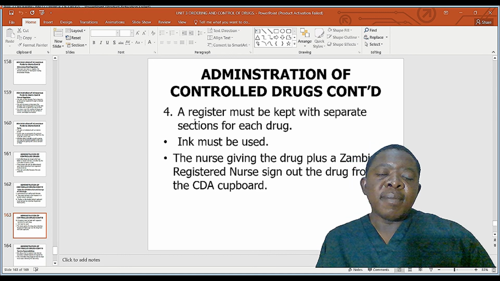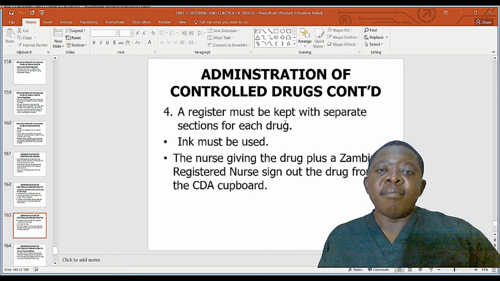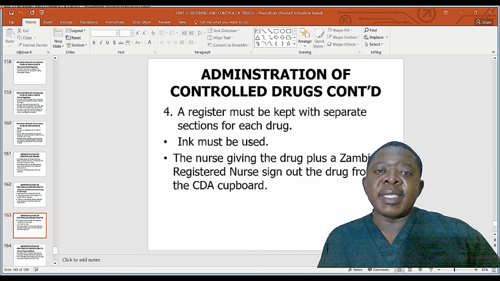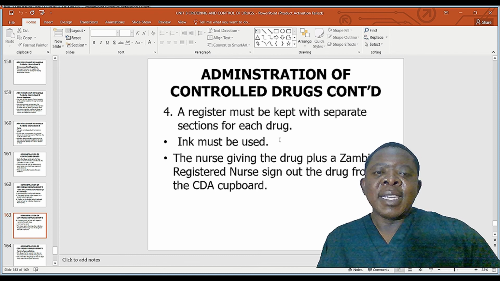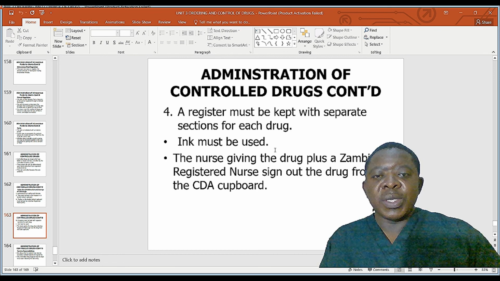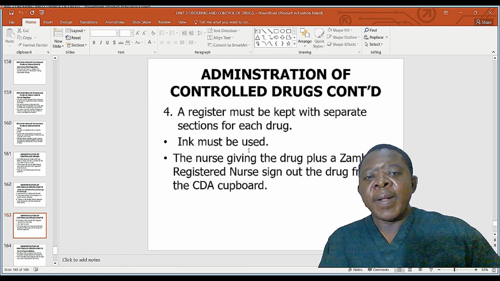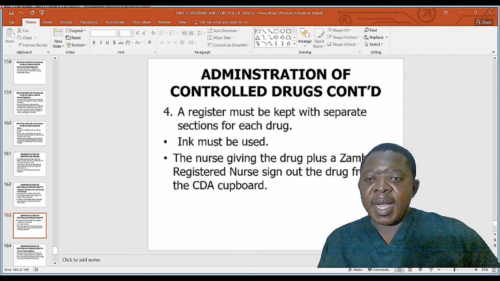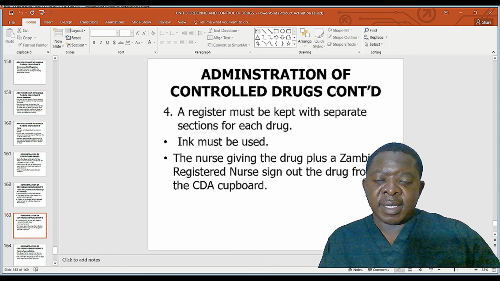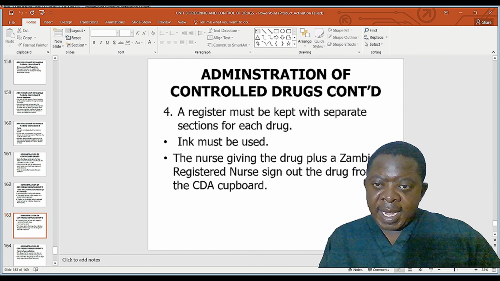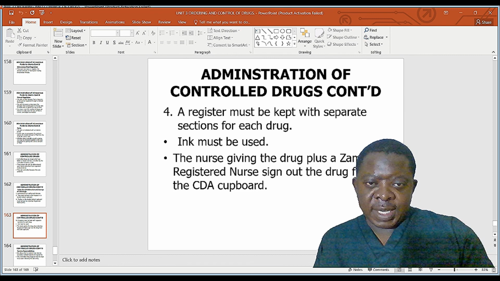Then number four, a register must be kept with a separate section for each drug. Like if you have 50 milligrams separate, 100 milligrams separate. The types of drugs are also separate. So ink must be used and not pencil. The nurse giving the drug plus a registered nurse must sign out the drug from the controlled drug cupboard.